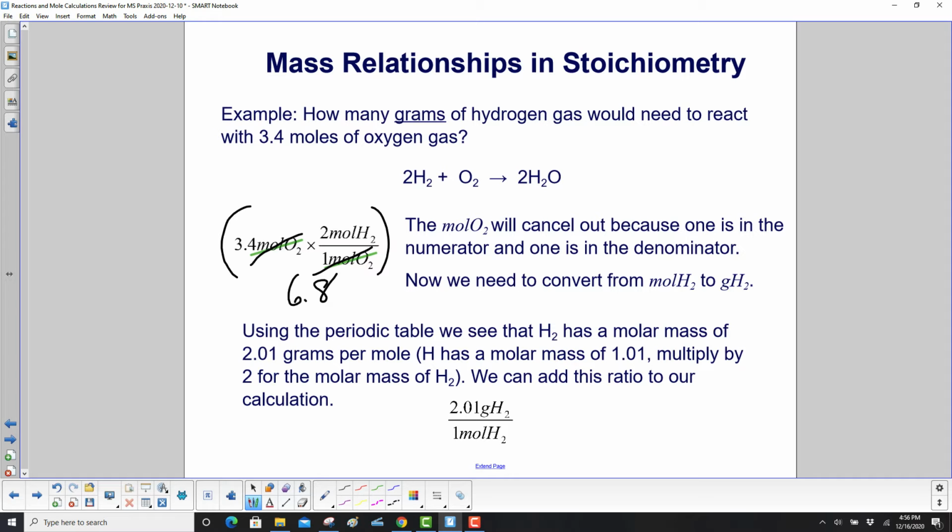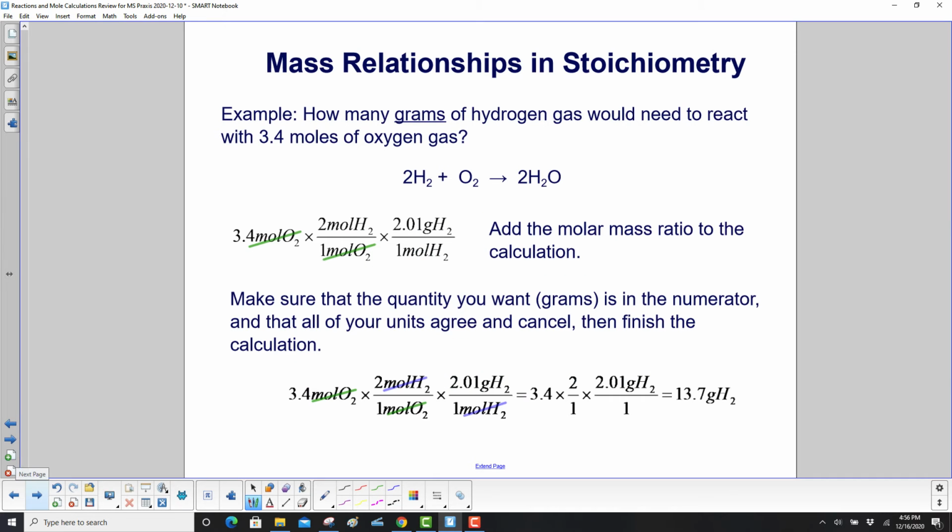So we're going to add this ratio to our calculation, and it looks like I got a step ahead of over there, but that's okay. So we have 2.01 grams of H2 for every 1 mole of H2. So now we take what we had on the previous slide, and we add the 2.01 grams of hydrogen for 1 mole of hydrogen.